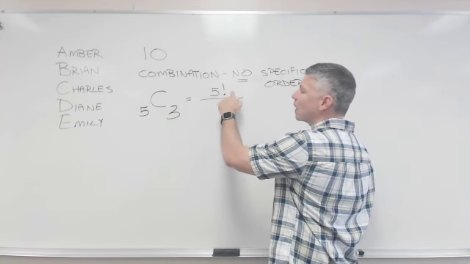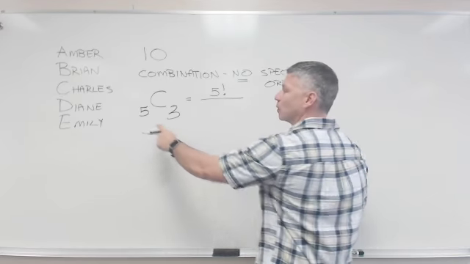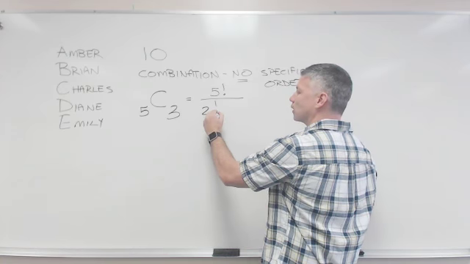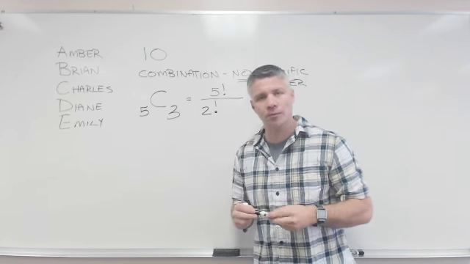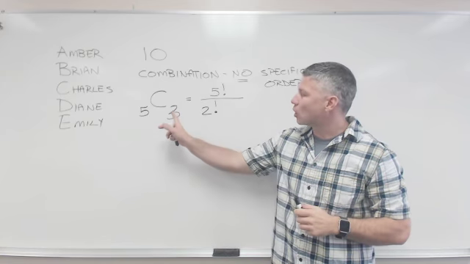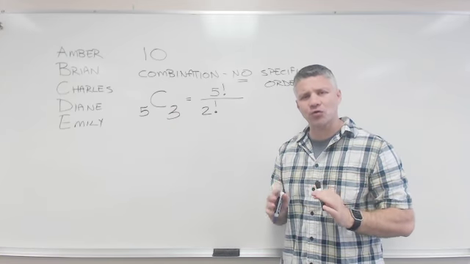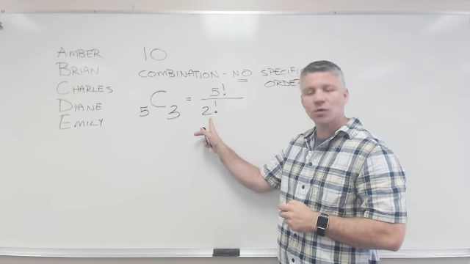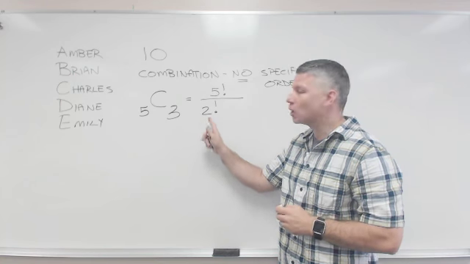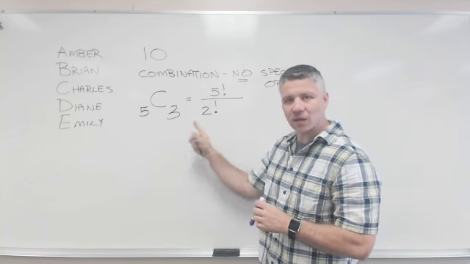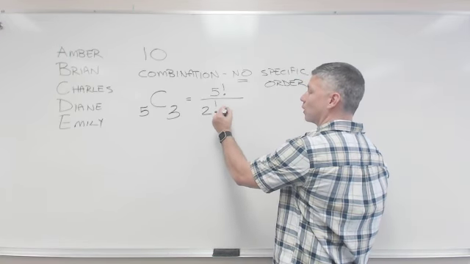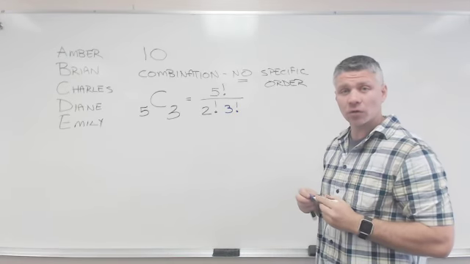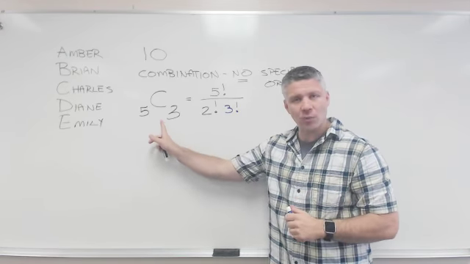Total students 5 factorial on the top, subtract them to get 2 factorial on the bottom. But with combinations, there's one extra step. We subtracted our numbers to get 2 factorial, but now I need this second number also in the denominator to get 3 factorial. And that's the new step with combinations.